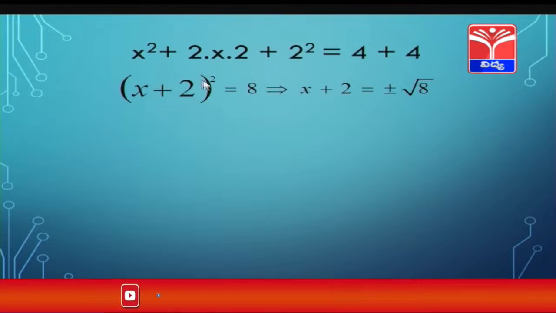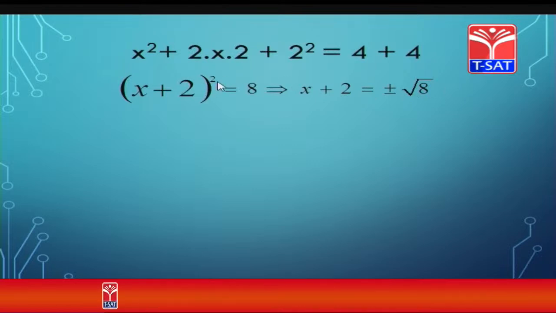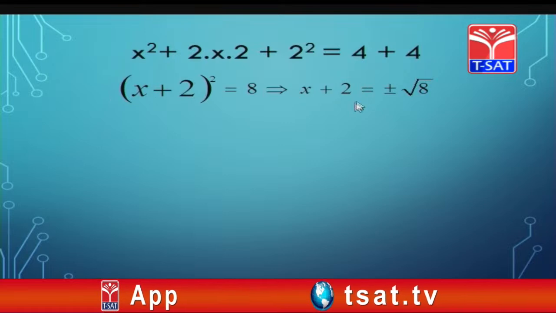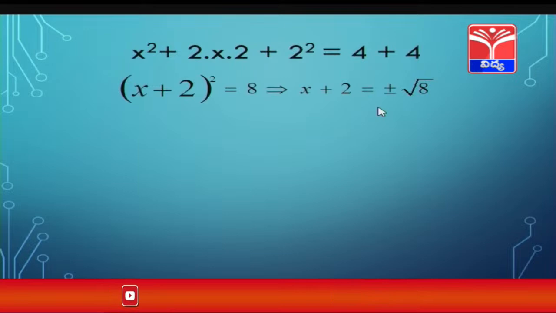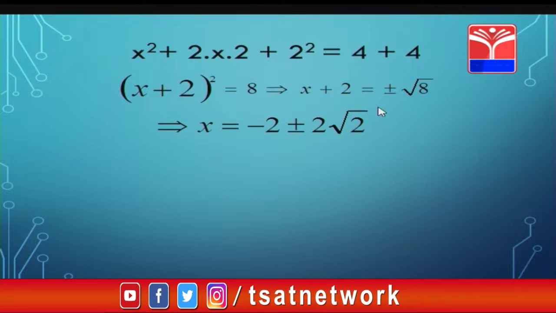So, x plus 2 whole square is equal to 8, which implies x plus 2 is equal to plus or minus under root 8. To remove the square here, we are taking the square root of the complete equation, and that is how we get x plus 2 is equal to plus or minus under root 8. So, this implies x can be equal to minus 2 plus or minus 2 root 2.